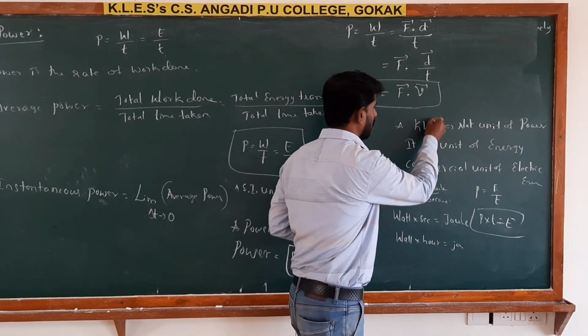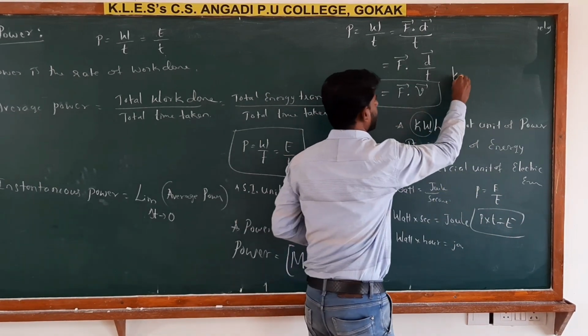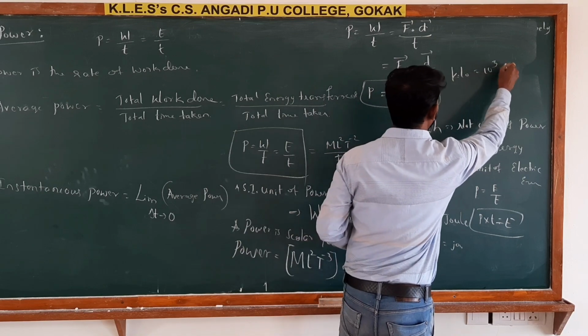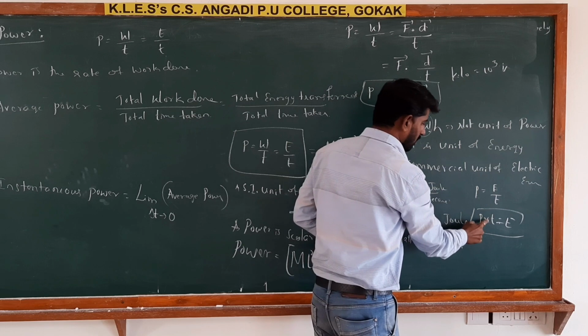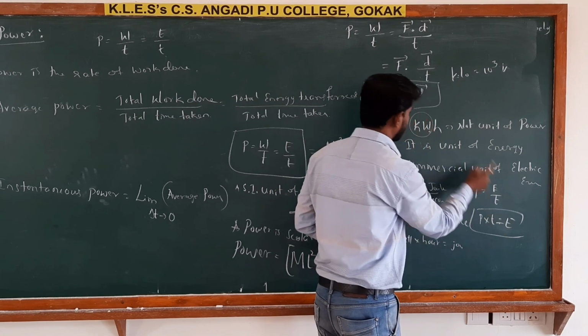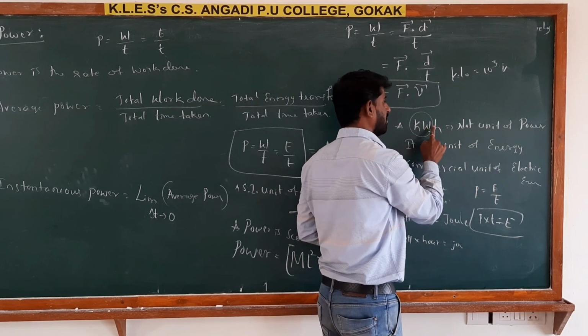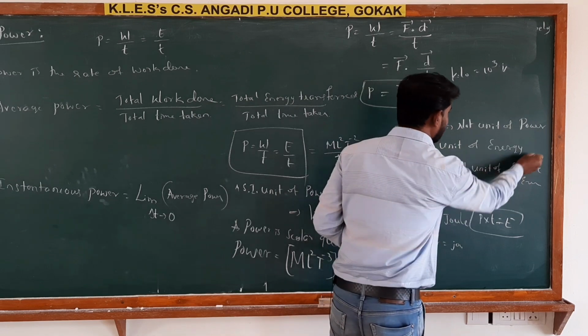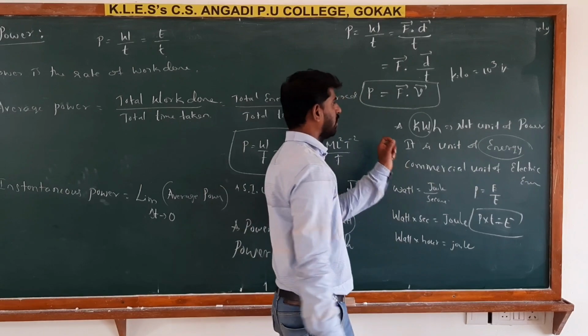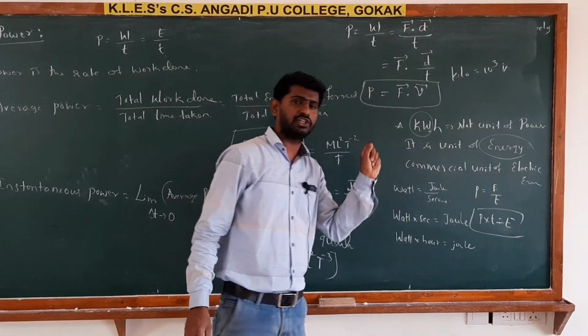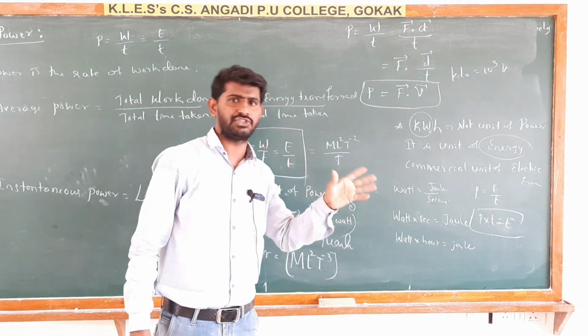This is a kilowatt. Kilo means 10 to the power 3, so 10 to the power 3 watt into time. Power into time will give the energy. SI unit of power into SI unit of time gives the SI unit of energy, so this becomes joule. So kilowatt hour is a commercial unit of electric energy.